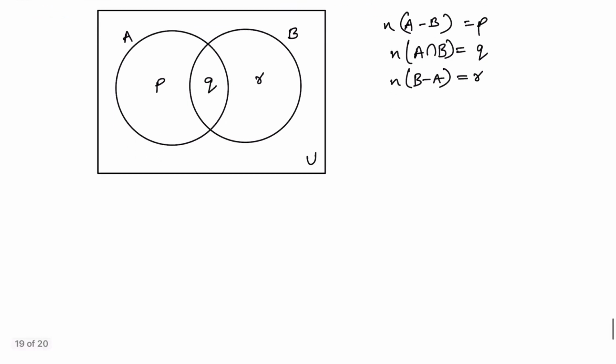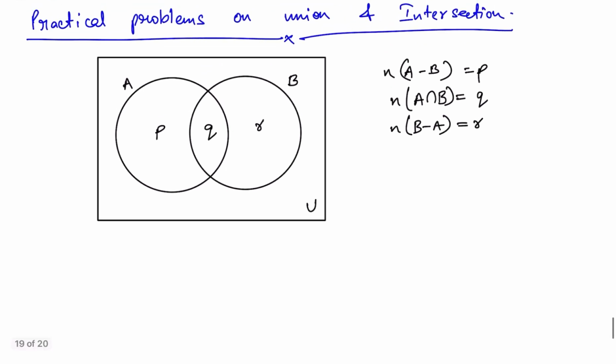Now what is union? We have seen a union of A and B. In the Venn diagram, in which region are the elements of the union present? That is in this region.